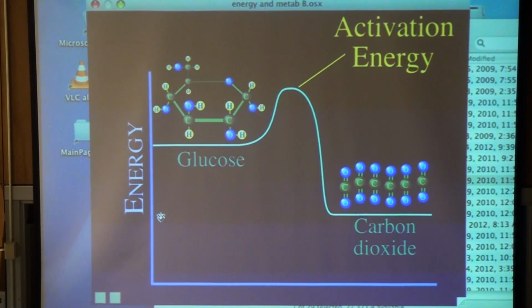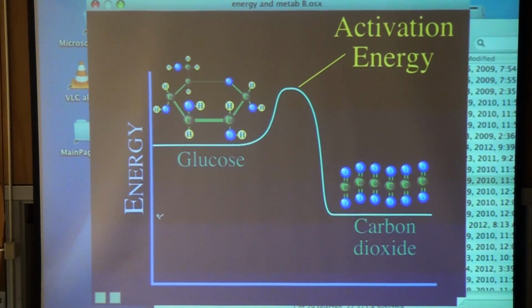This activation energy barrier isn't just for glucose becoming carbon dioxide. Pretty much every chemical reaction has at least some activation energy that it has to get over to occur. And particularly the ones that involve organic molecules, like our metabolic reactions, all have activation energy barriers.